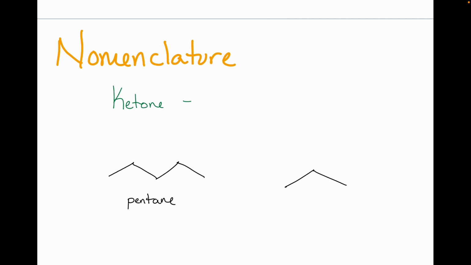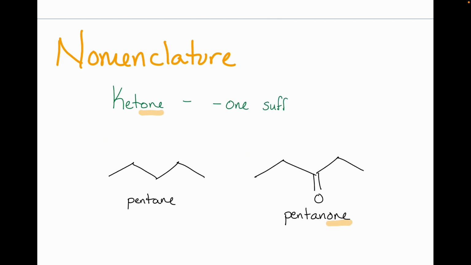If we throw a ketone functional group on there, this becomes pentanone. That O-N-E functional group for a ketone. All right, so ketones have an O-N-E suffix.